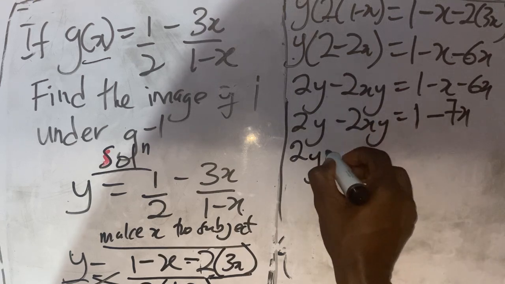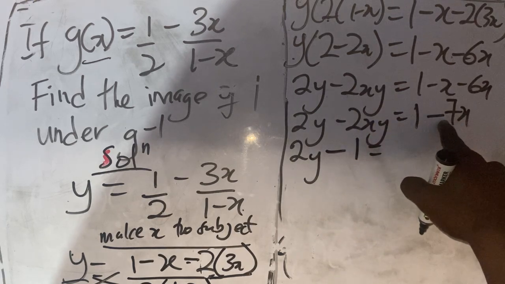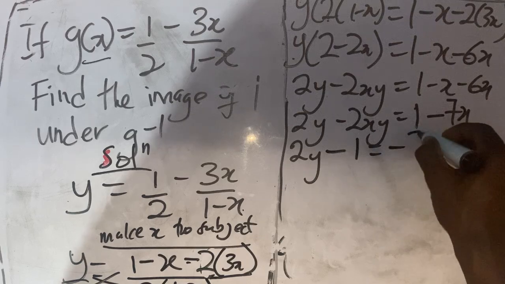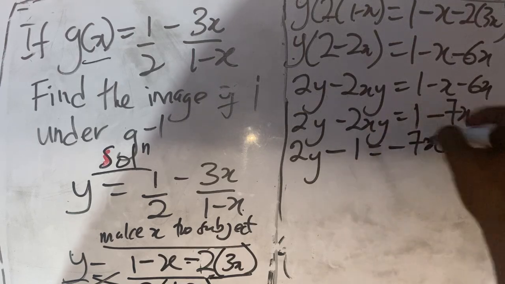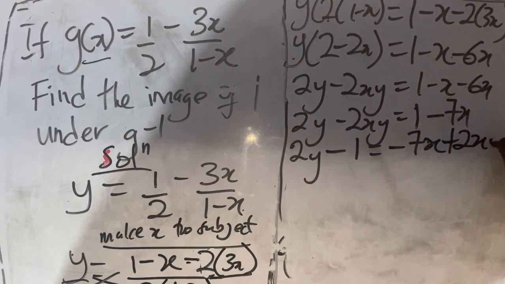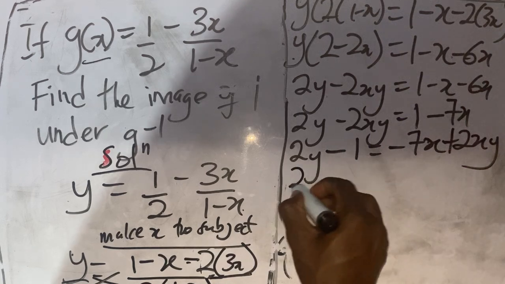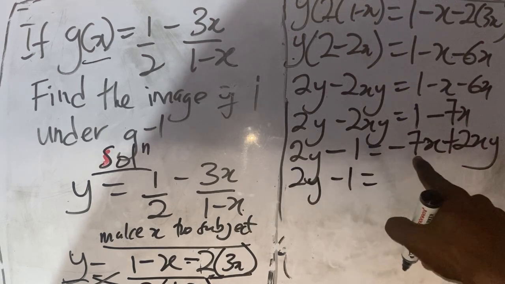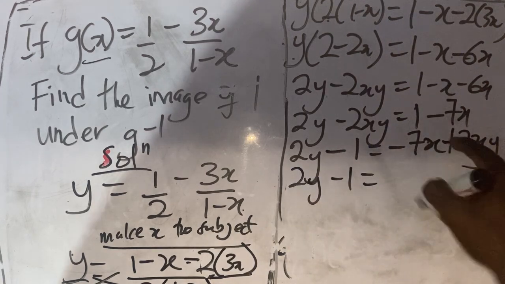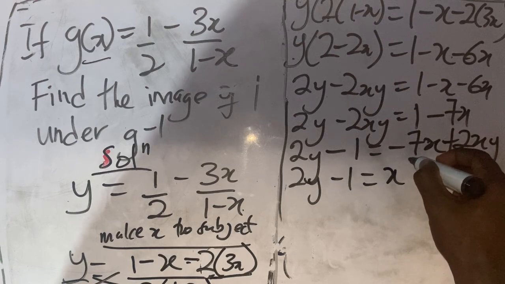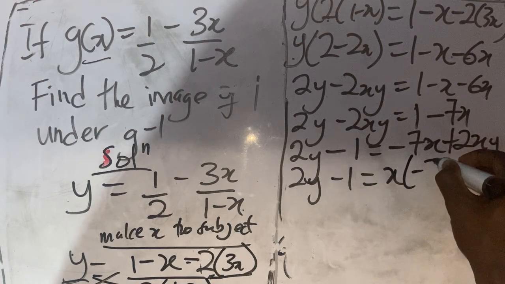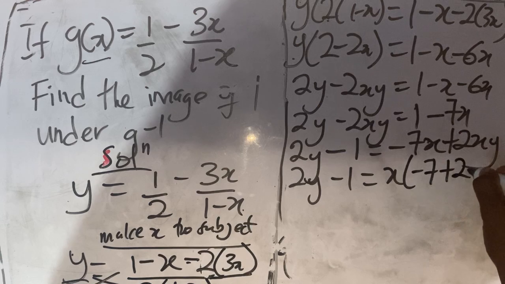It's positive, when it crosses it becomes negative, and then I have negative 7x plus 2xy. So we have 2y minus 1 equal to, since I have x and x here, I can just factorize that out. I'm left with minus 7 plus 2y.